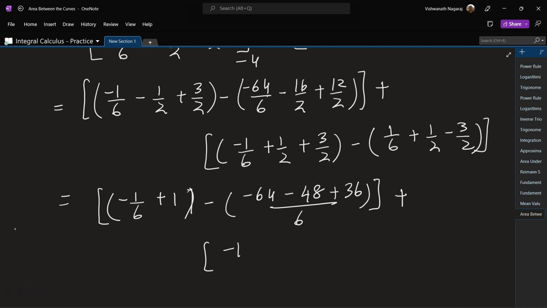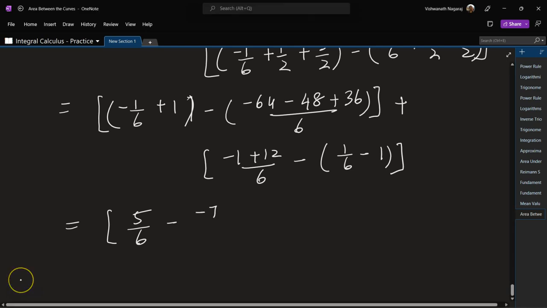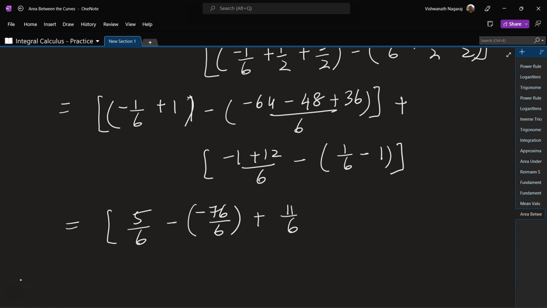So minus 1 plus 12 by 6 minus this will be 1 by 6 minus 1, no, minus 2 by 2, so minus 1 minus 1. Okay, now let's see. 5 by 6 minus this would be minus 76 by 6 plus 11 by 6 minus this is going to be minus 5 by 6.